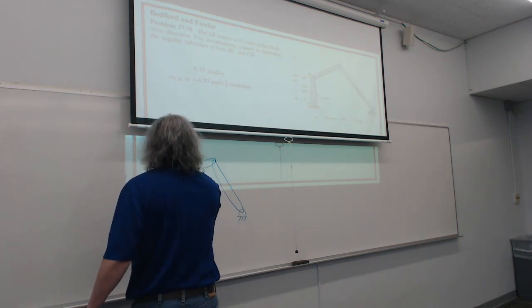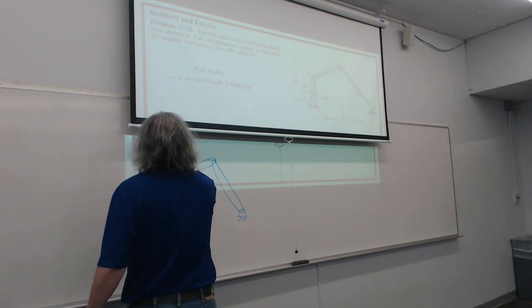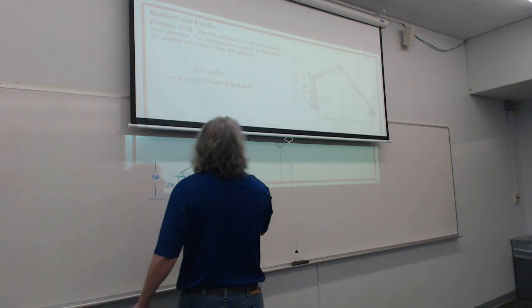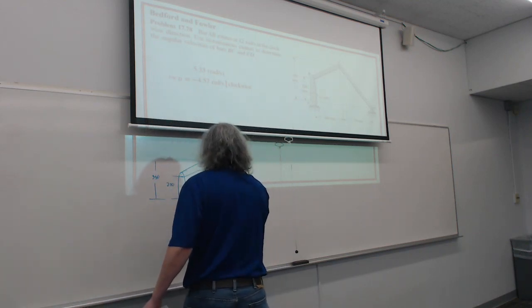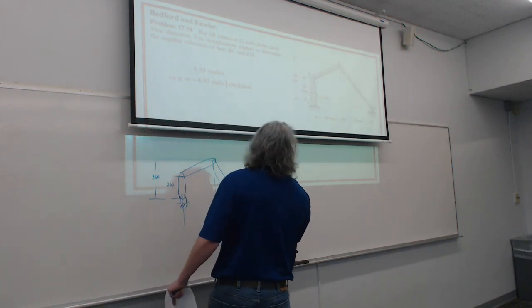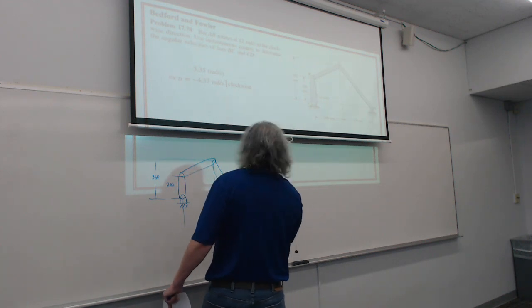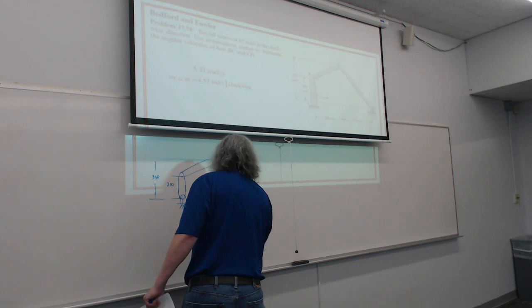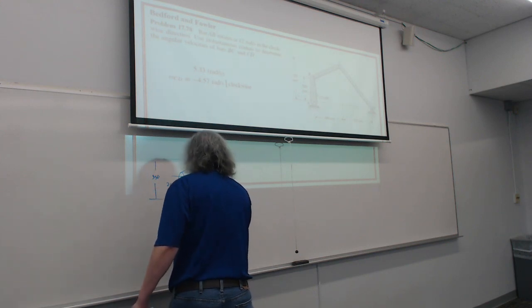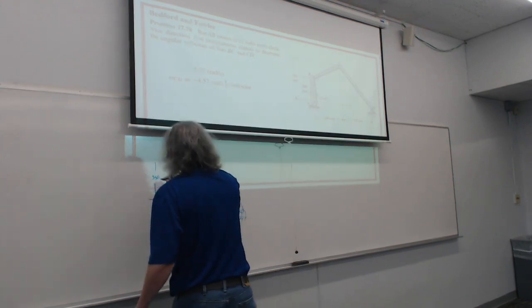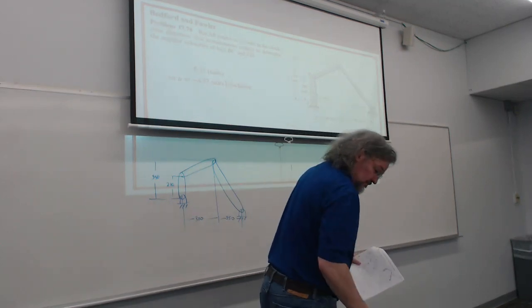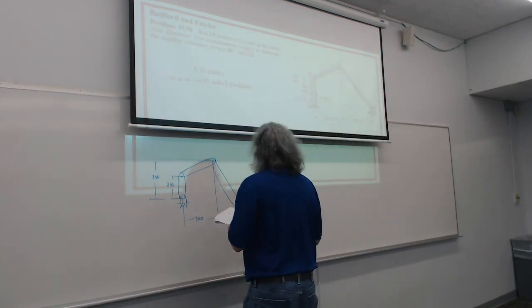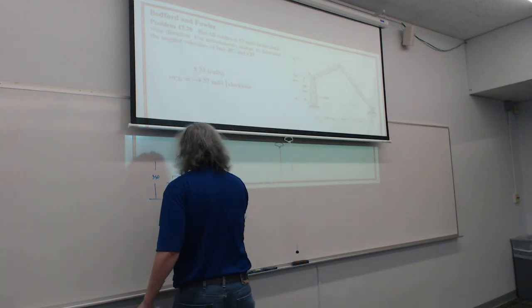So this is 200, 350, and here's 300 and 350, and then they told us this is 12 radians per second.